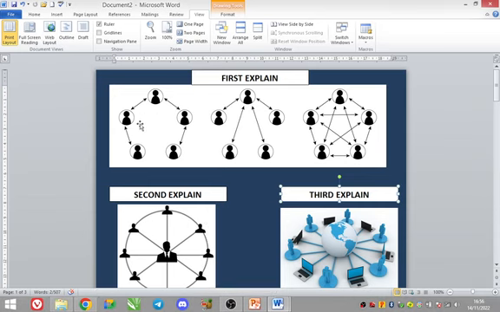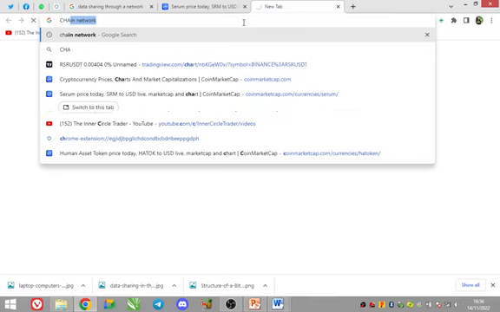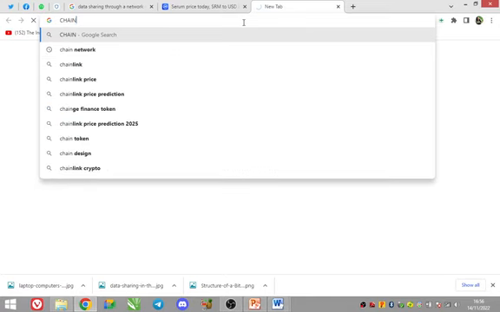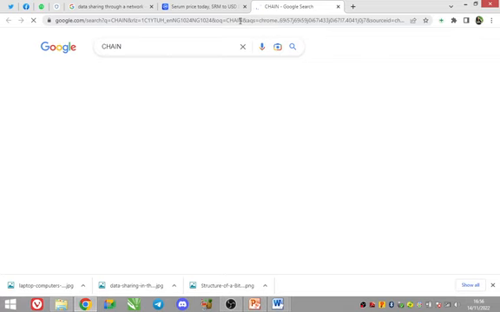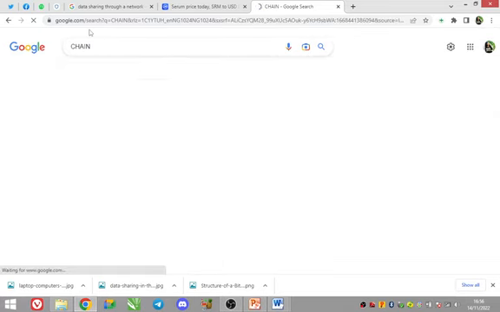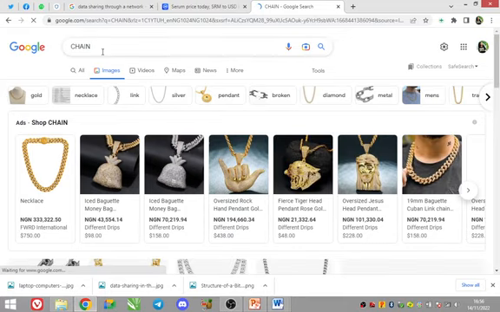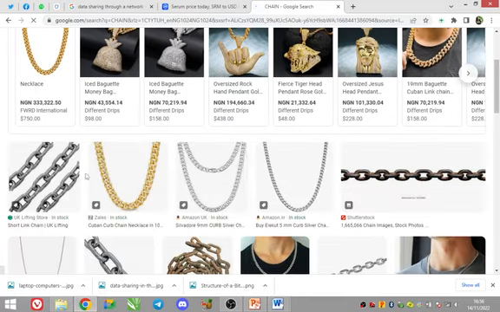Now, when you hear the word chain, you actually know it from our normal word. Let me look for this chain, right? This is a normal chain. Let us just use this chain.